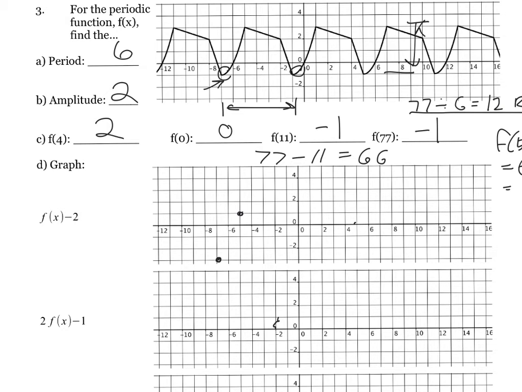And then the next point, you can go relative to the last point. I could say this one is 3 units to the right and 1 unit lower. So on my lower graph, I'll go 3 units to the right and 1 unit lower. And then the next point is 1 unit to the right and 3 lower.